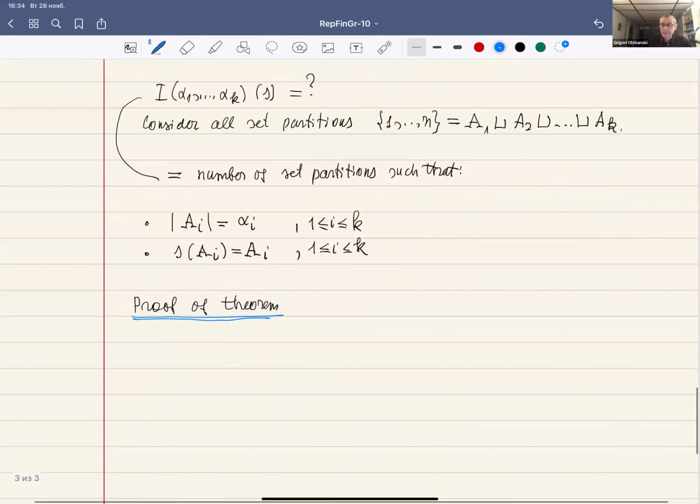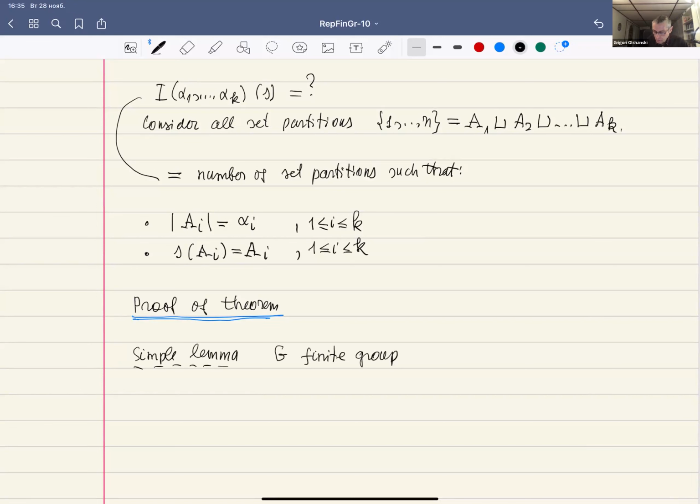First, we start with a simple lemma. Assume that we have some finite group, and list all its irreducible characters.